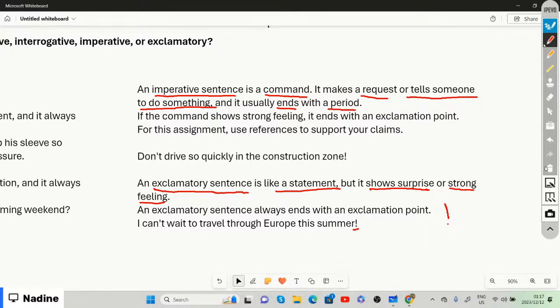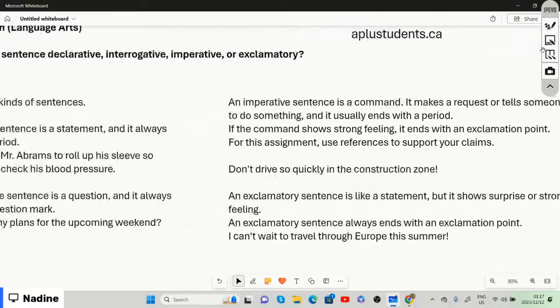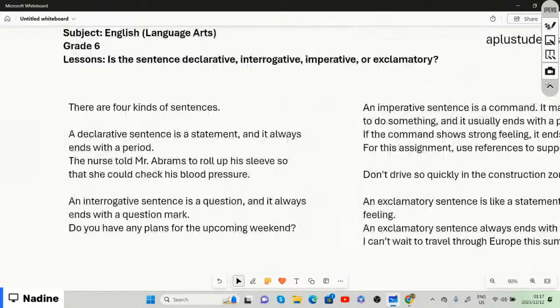A declarative sentence is like a statement.